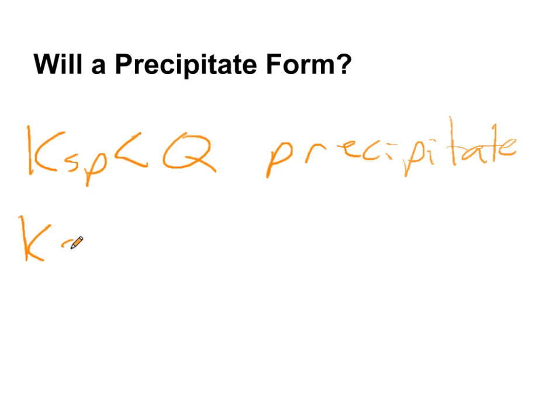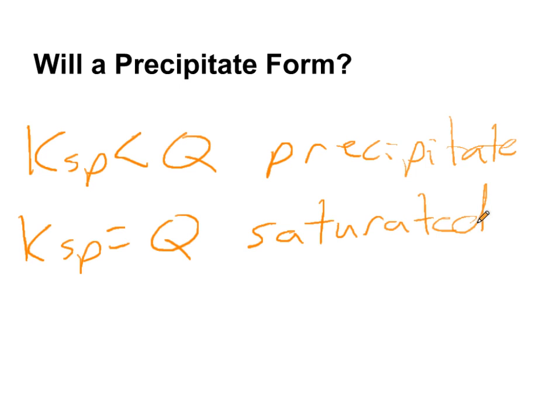If KSP is equal to Q, that means the solution is at equilibrium and it's said to be saturated. It can't hold any more dissolved product in it. If KSP is greater than Q, it's unsaturated, so that means more solid will dissolve.